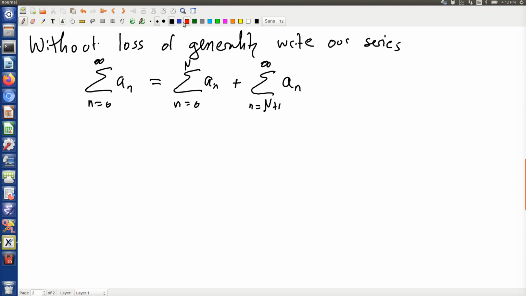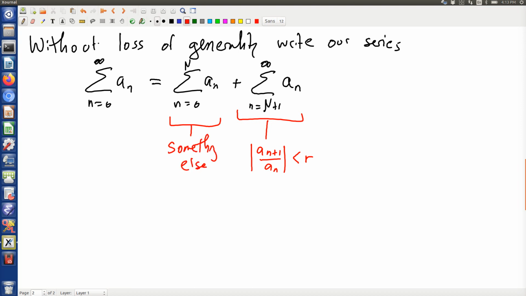And the point is, this part here has the ratio less than r, and here is something else. The point being that something else doesn't matter for convergence. This can be ignored as far as convergence goes. The second term there is the only one that matters.